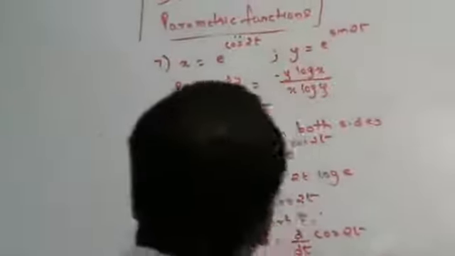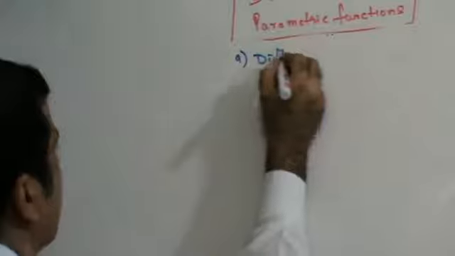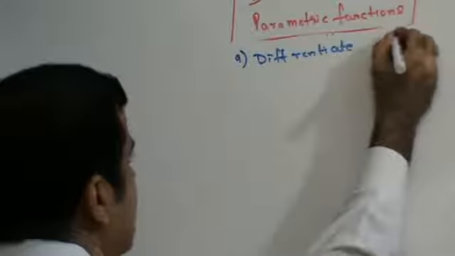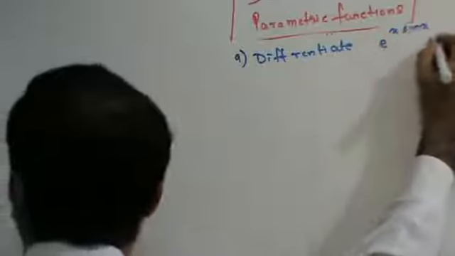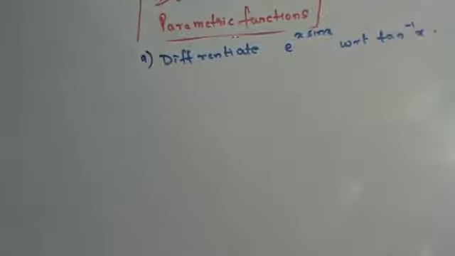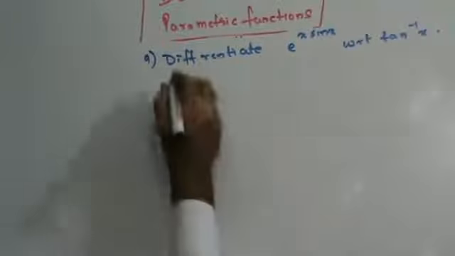Now, so far we had been differentiating with respect to x or y. Now, let us try to differentiate with respect to a function. Differentiate e raised to x sin x with respect to tan inverse of x. Okay. Now we are differentiating a function with respect to another function.